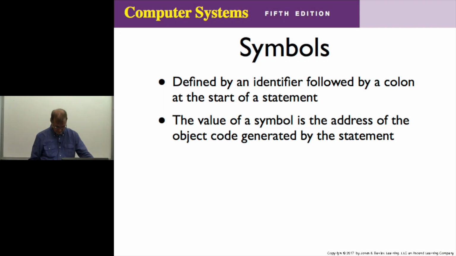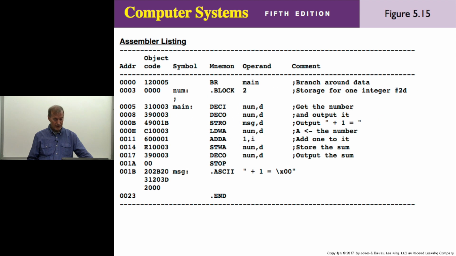Okay, now, we started, here, actually, let me bring up the slides. Okay, so here in this slide, this is where the material started. It's symbols, okay? And so here's the code. Let's take a look at these slides and see what it is that you need to be able to do. Okay, you see this figure 5.15?